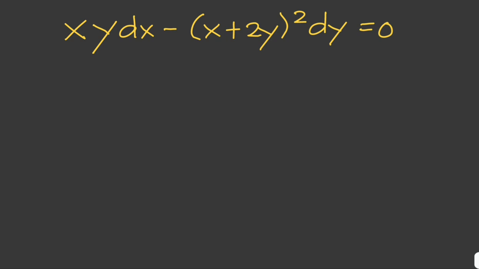The exponent of x is 1, the exponent of y is 1. Therefore, the degree of this term is equal to 2. And this one, if we raise each one to the power of 2, we can use FOIL here. We still get the same degree, which is 2. Therefore, this equation here is a homogeneous differential equation.